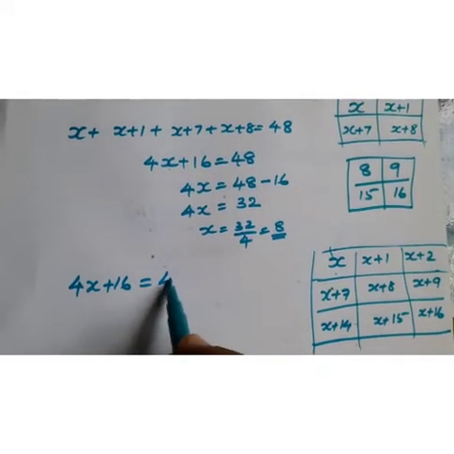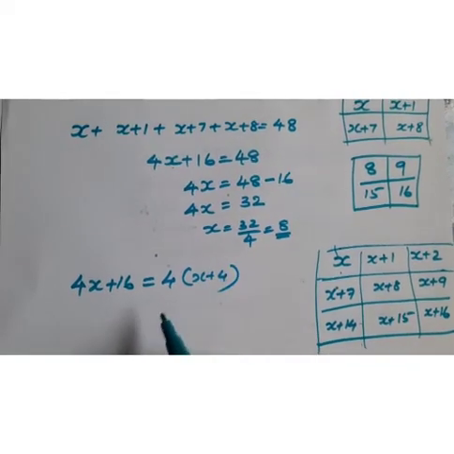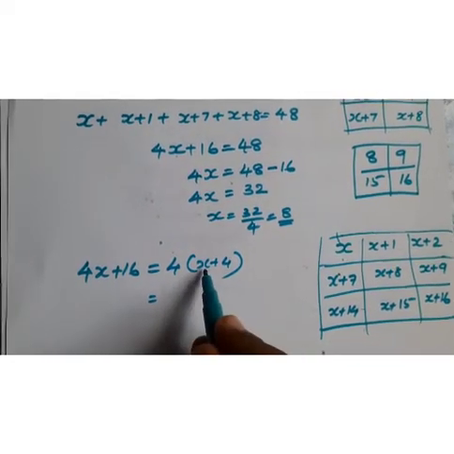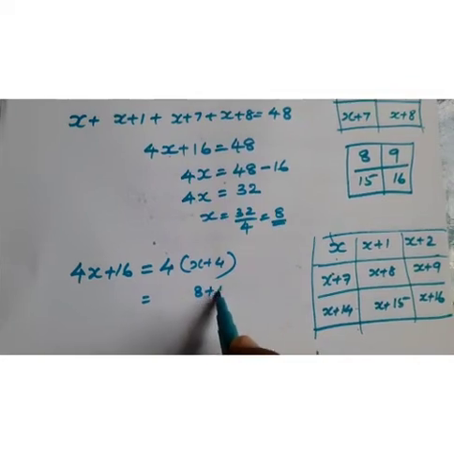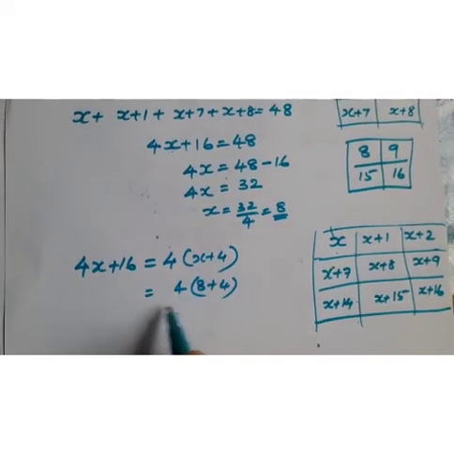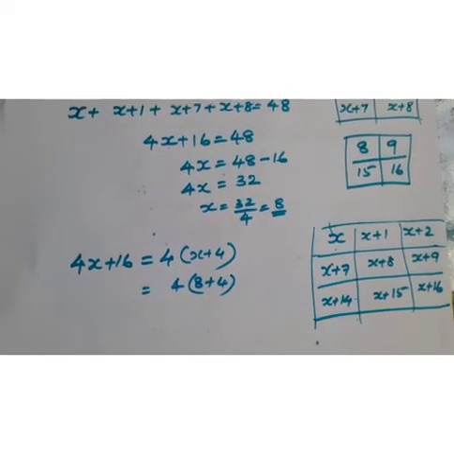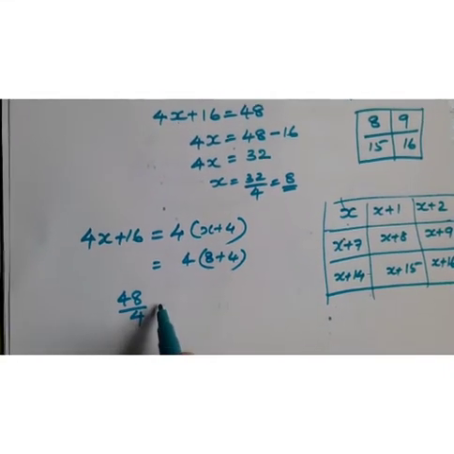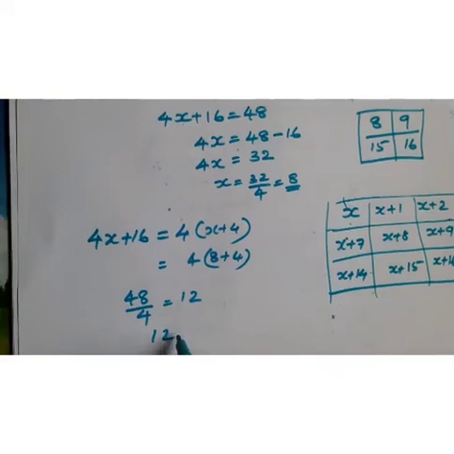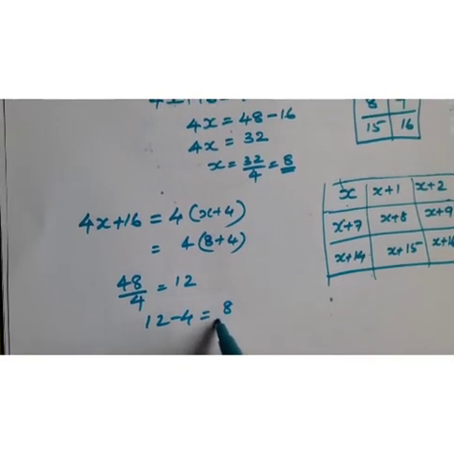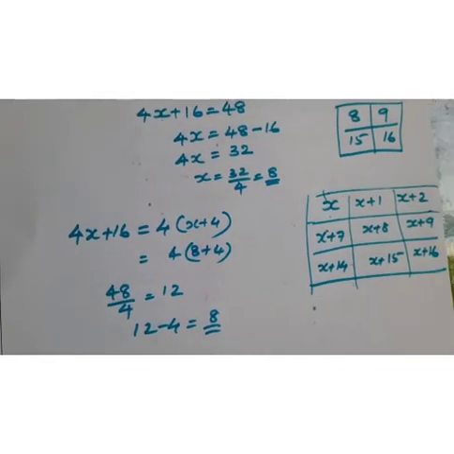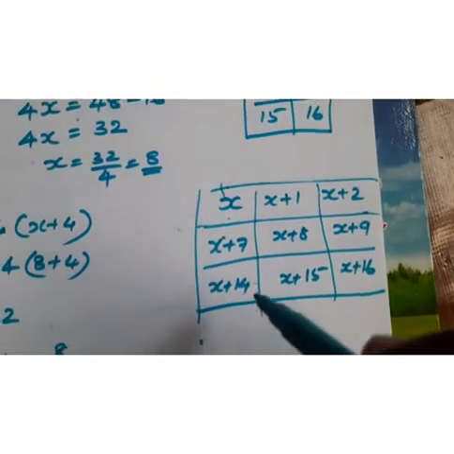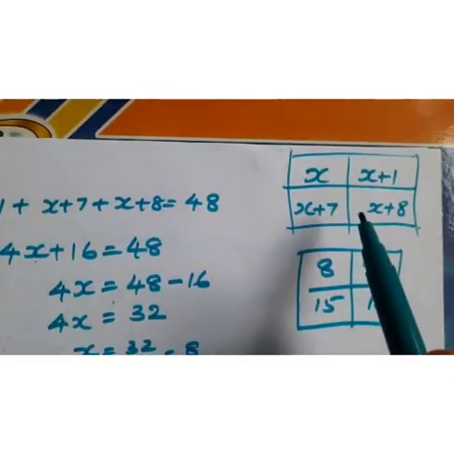That we can write as 4 into x plus 4. If x is given, 8 plus 4, 12 into 4, you will get 48. Otherwise 48 is directly given; if you divide by 4, you will get 12, and 12 minus 4, you will get 8. Like this also we can find out. This is a square of 9 numbers, and this is a square of 4 numbers.